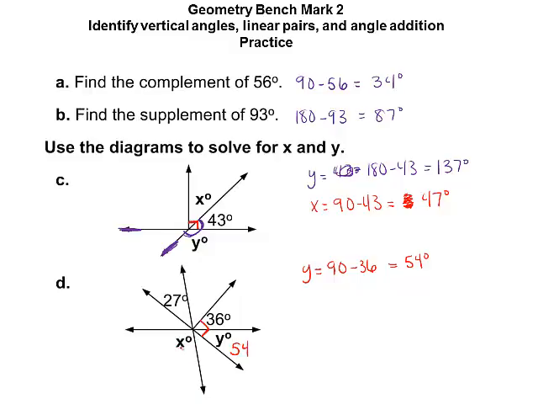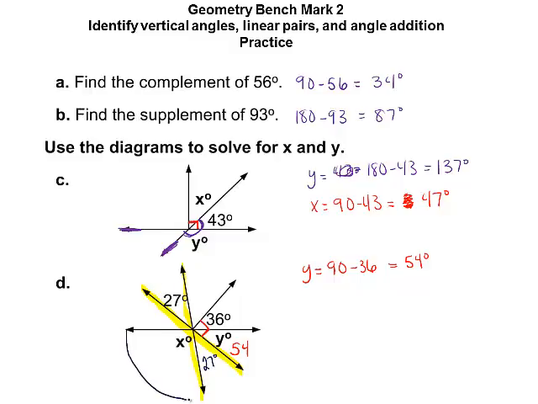I still need to find x. Well, looking at this picture, do you guys see I have a straight line here and a straight line here. So this makes vertical angles. So this one's 27 because this one's 27. Vertical angles are equal to each other.